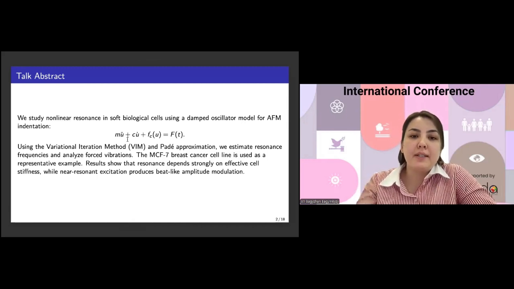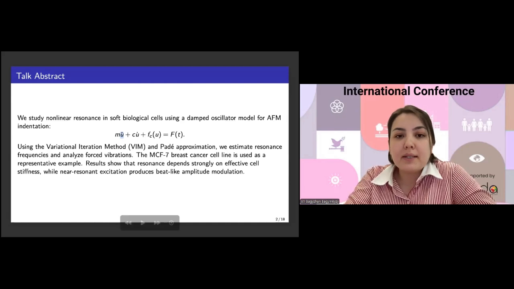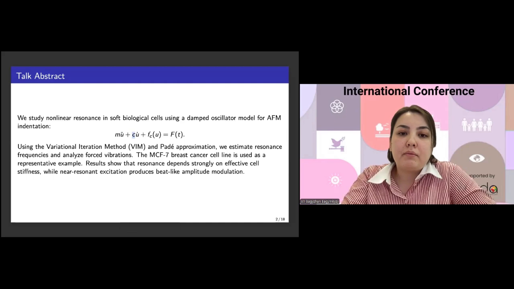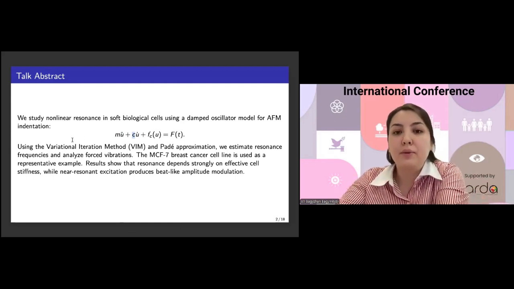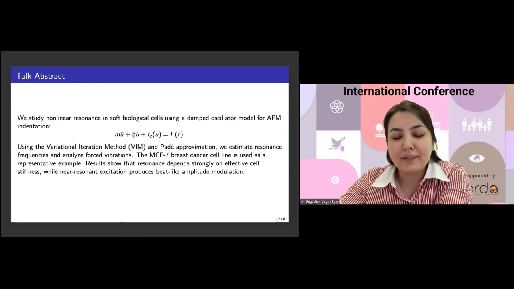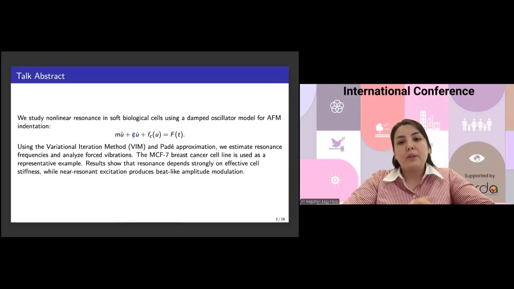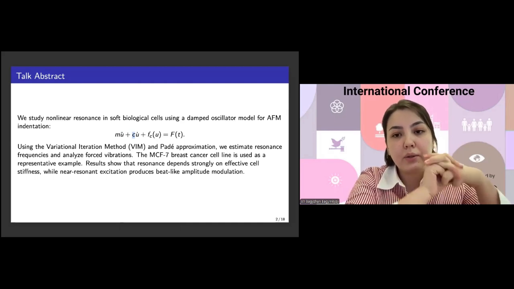Here, U means the indentation or displacement of a cancer cell, C means the damping coefficient, and FC means the external force, the nonlinear contact force. We use the variational iteration method and the Padé approximation in order to find the approximate analytical solution.